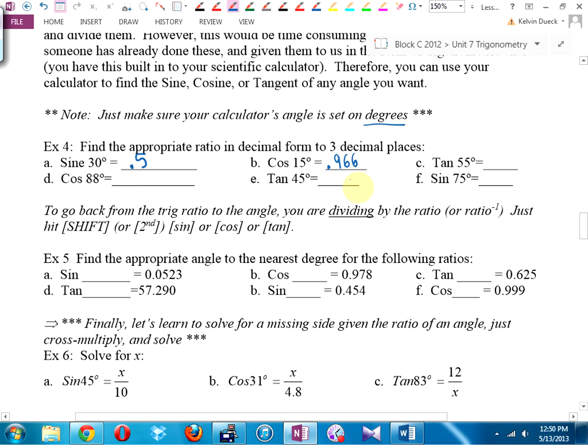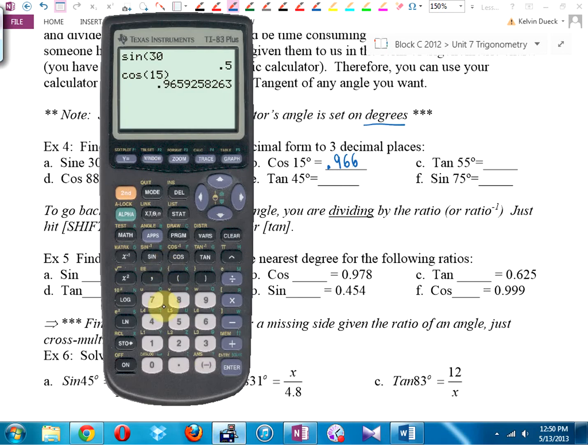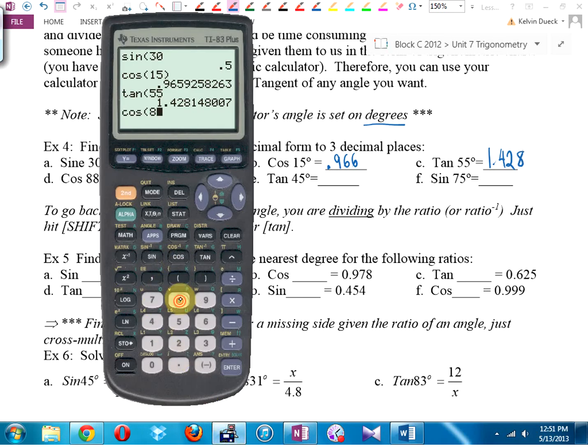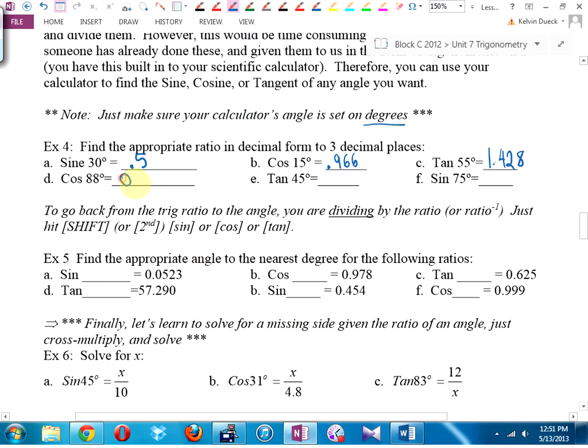Find the rest of these, C, D, E, and F. Try these on your calculator. I'll do them up here. Let's see if we get the same thing. Make sure you round off properly.